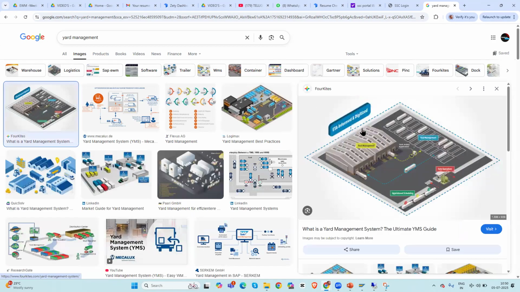This is the warehouse. What is this area called? Truck parking area, everything open. This is called the yard, right?